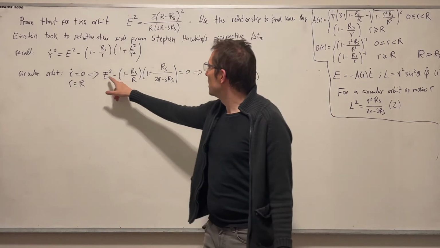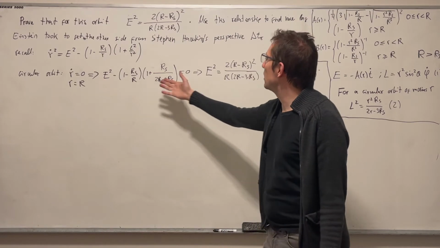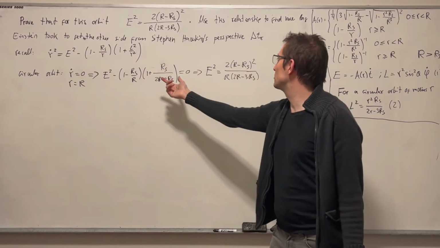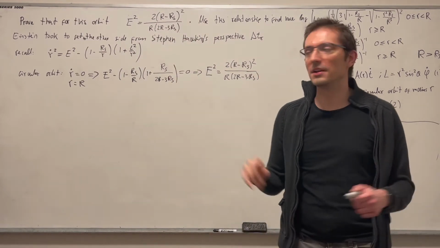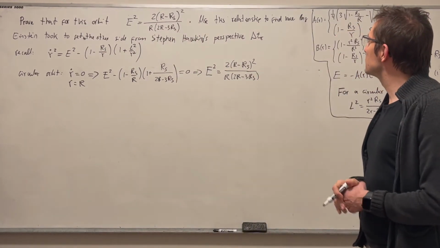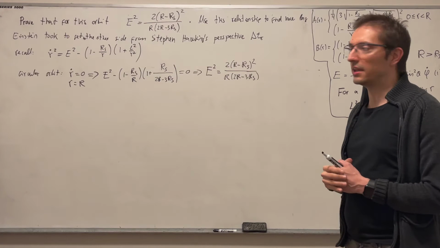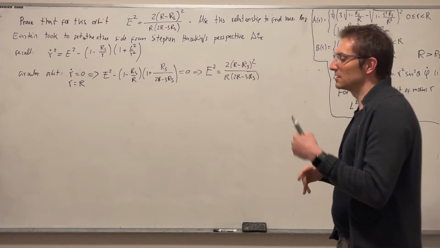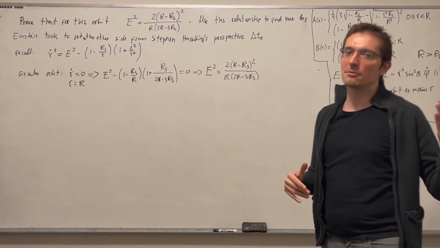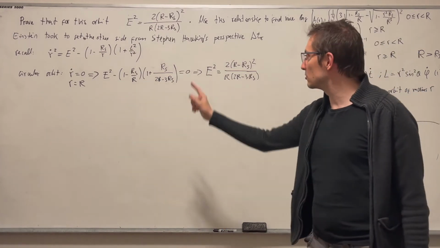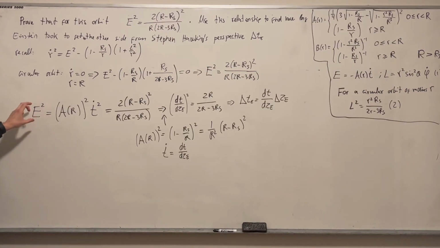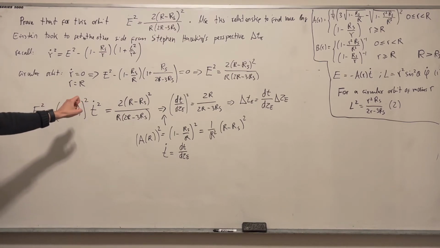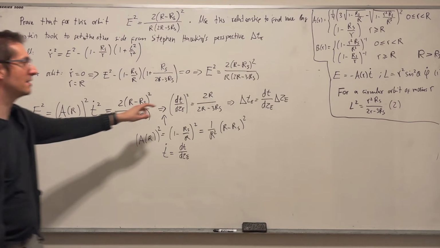And then we get E squared minus this quantity equal to 0. I just isolate for E, multiply these two things, and what I get is exactly the quantity I was asked to compute. Proven. Now, let's use this to find how long it took for Stephen Hawking. We'll do that by finding the relationship between Stephen Hawking's time and the proper time of Einstein. That's relatively easy because we have the quantity E, and remember that the energy, the E squared quantity, is A(R) squared times T dot squared, as we found, I have it here.